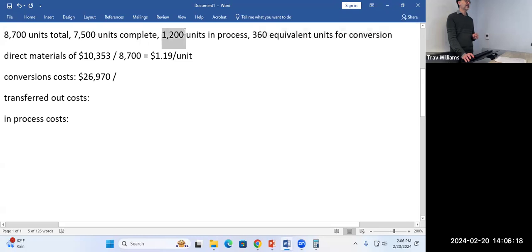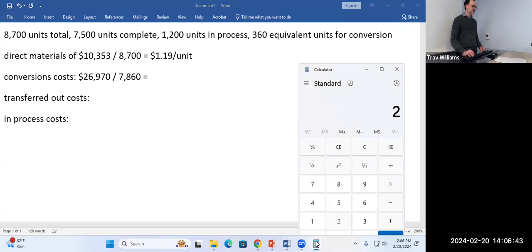We can't count all 1,200 because they're not completely converted. We have to take the numbers that are complete plus the equivalent units for conversion that we calculated. And as Emma said, that's going to be 7,860 units.